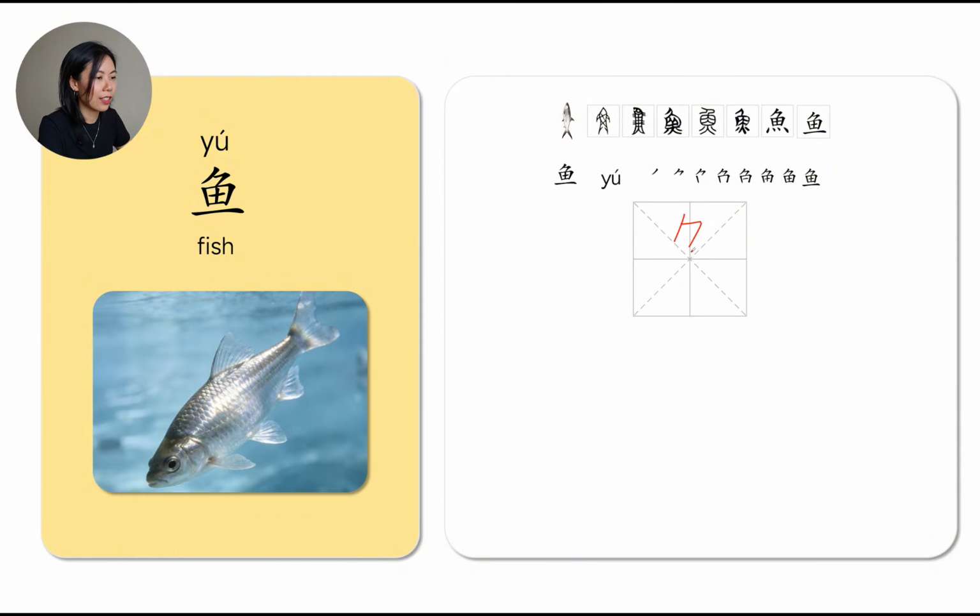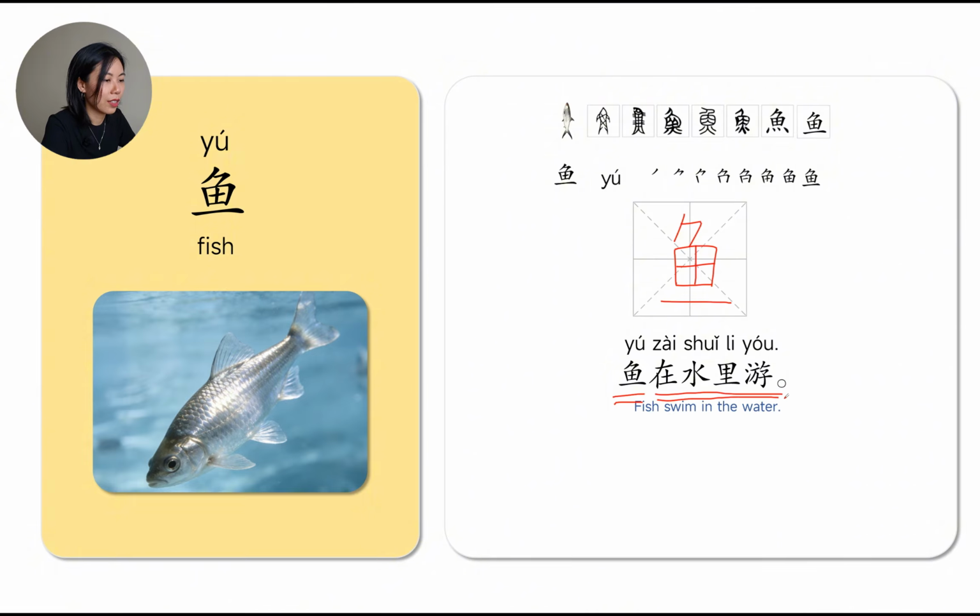一二三四五六七八，很好，这是鱼。鱼在水里游，鱼在水里游. Fish swim in the water. 鱼 fish, 在 in, on, at, 水 water, 里 inside, 在水里 in the water. 游 is to swim.